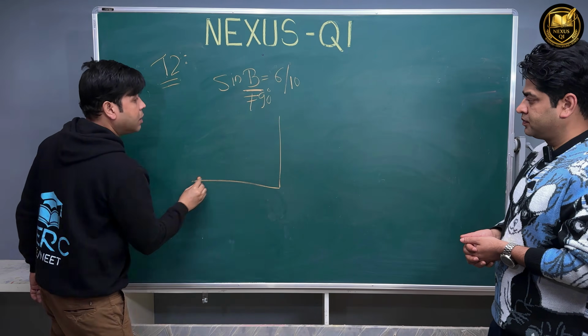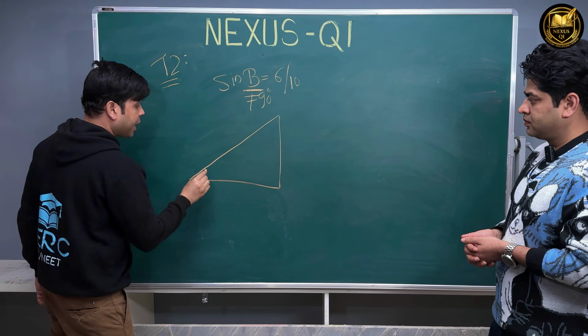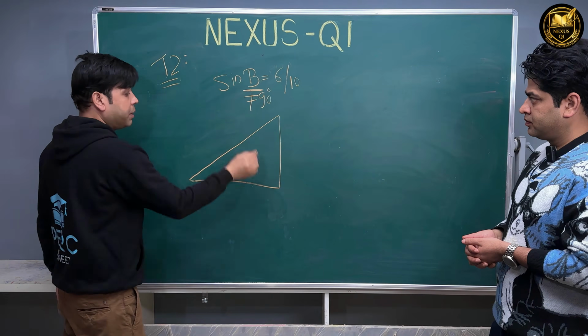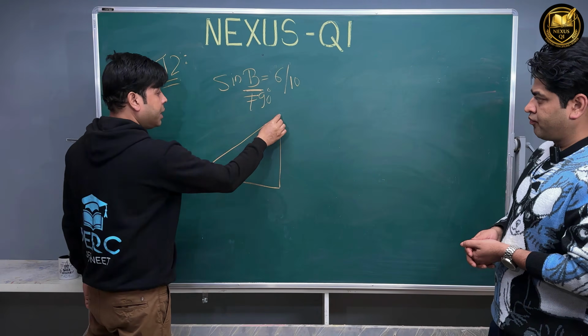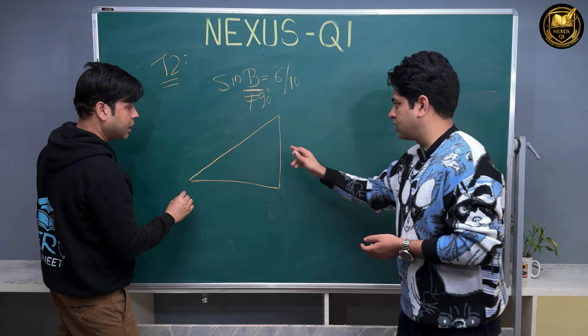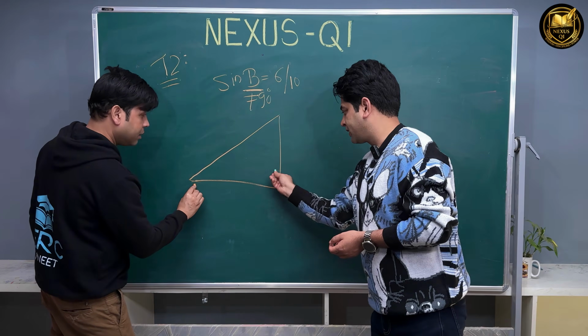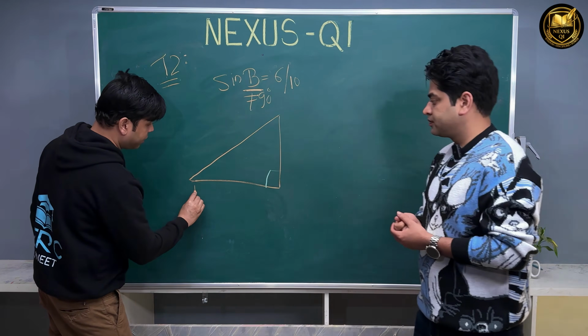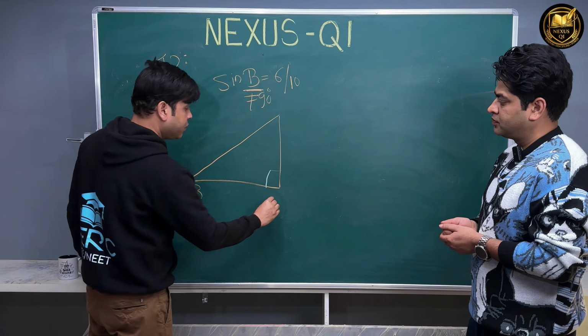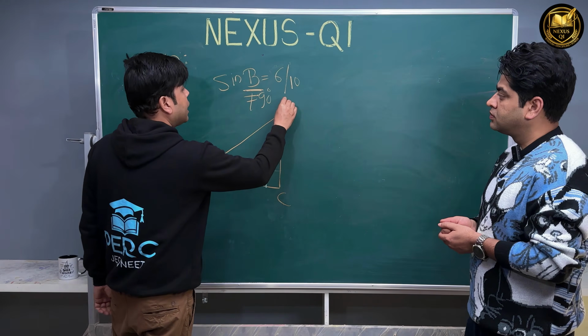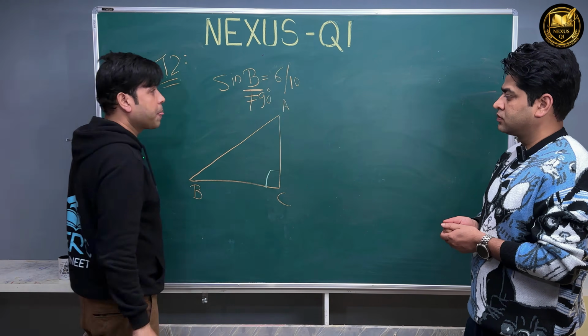First of all, draw a right angle triangle in which b can't be here. So we can put b either here or here, only two options, because this is 90 degrees. So let's call this b, this we call c, and this is a.